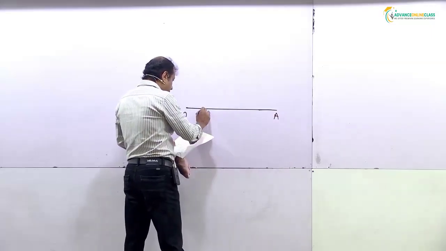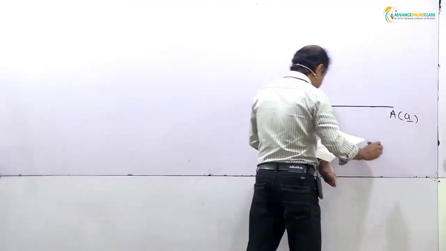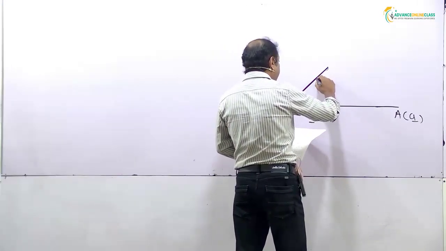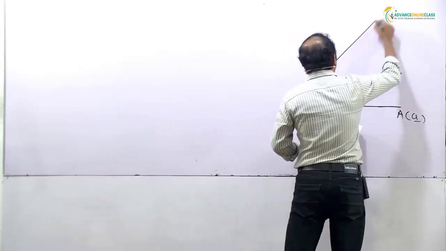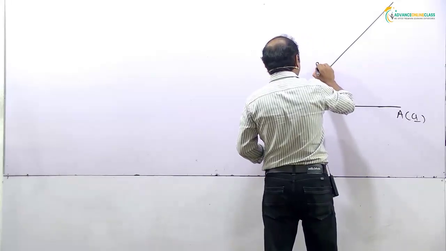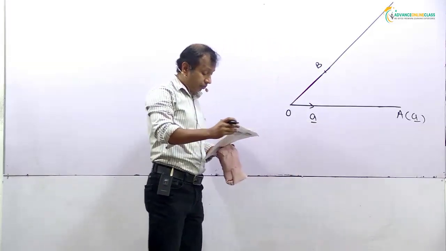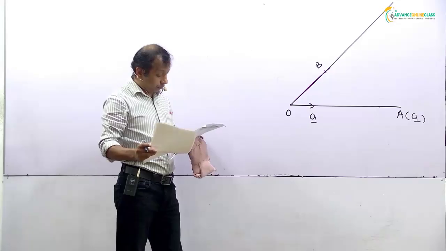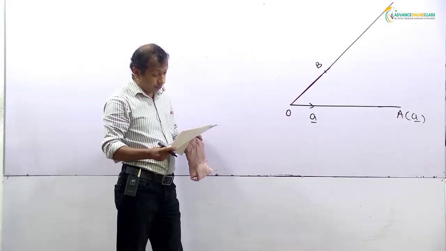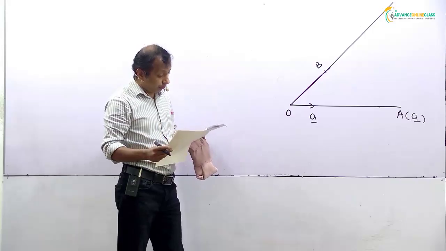Position vector of A is simple A. This vector is A. Here B. The point P is such that OP equals 4 OB. All right, that's also correct.